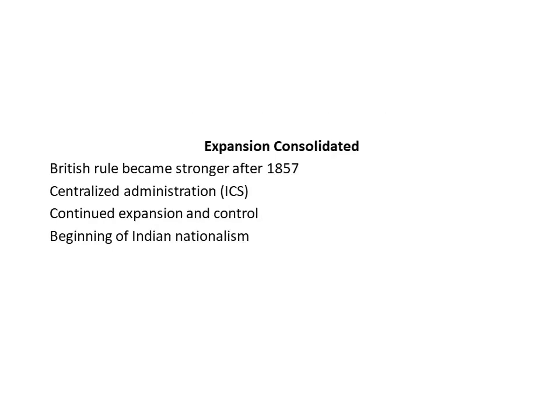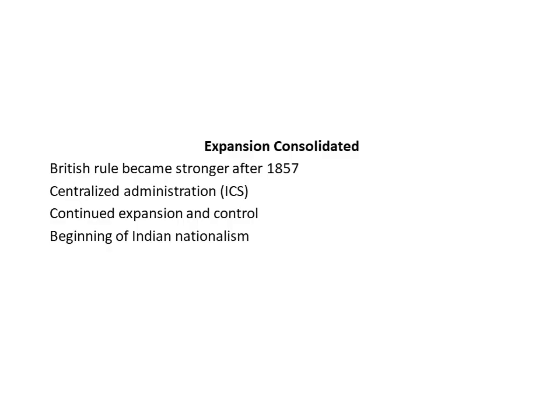The expansion of the British Empire in India was achieved through military power, political strategies, and economic exploitation. The revolt of 1857, although unsuccessful, forced the British to change their approach and made their rule more organized and centralized.